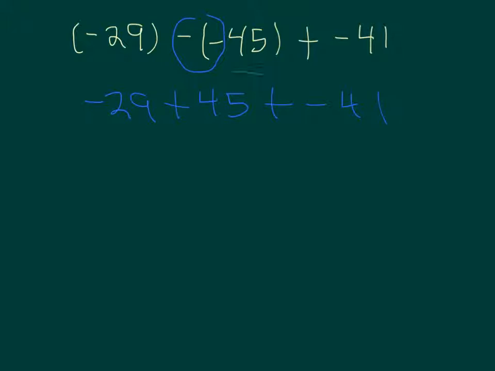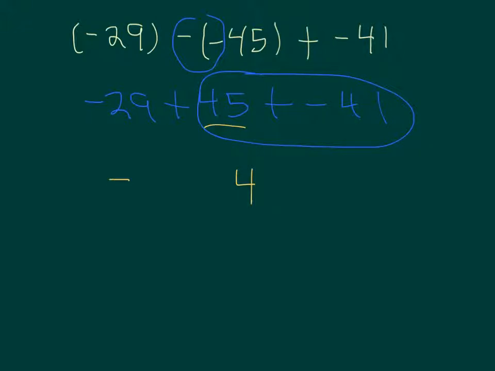Alright, I might as well do these two numbers here first because I want to give myself a simple problem. My signs are the opposite. I have a positive 45 and a negative 41, so I need to subtract and keep the sign of the larger. The sign of the larger is this positive 45. Alright, 45 minus 41 is 4.